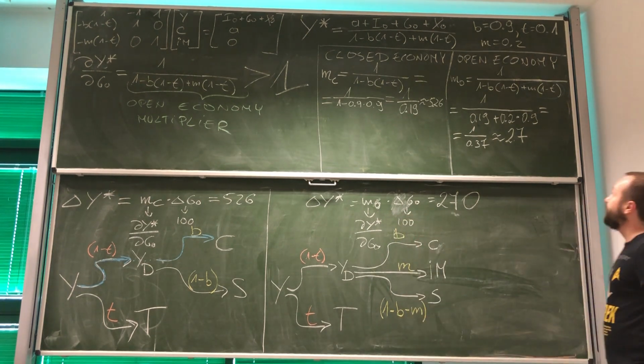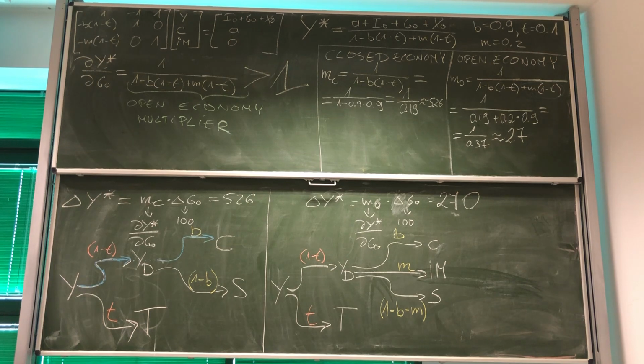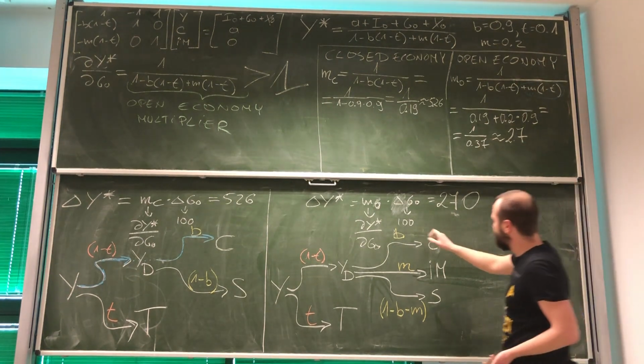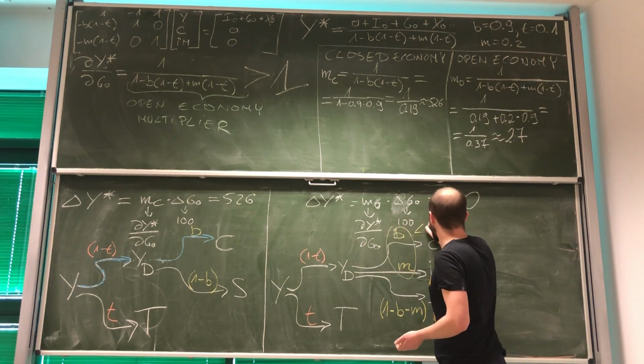Of course, even in this outcome, we see that this might be problematic. In this example, it might seem very problematic, because you see that B is 0.9, M is 0.2, which is why we usually restrict those to be smaller than 1.